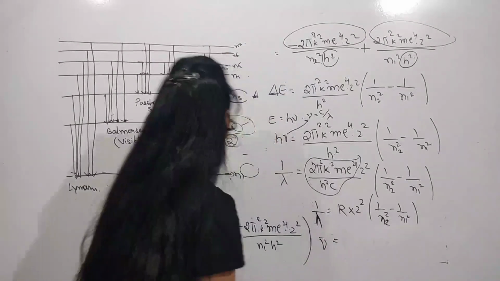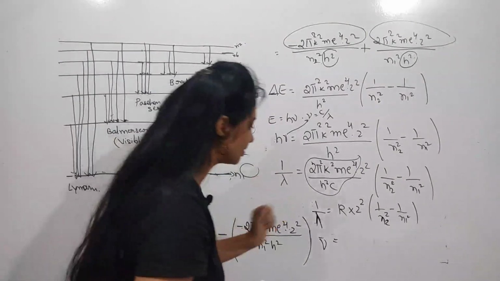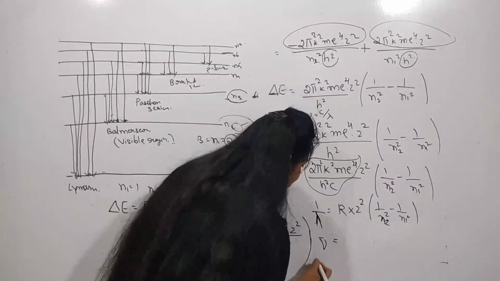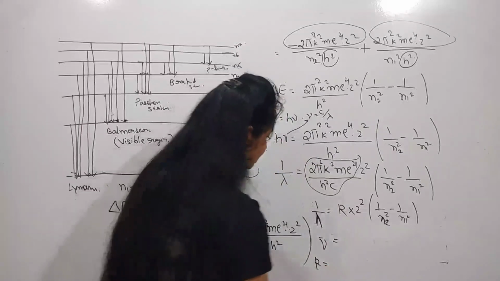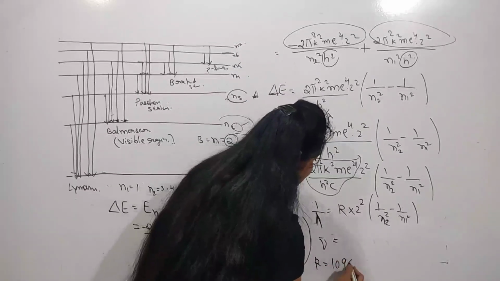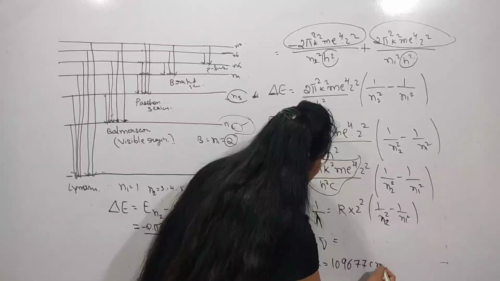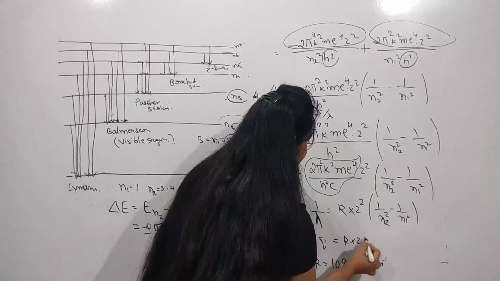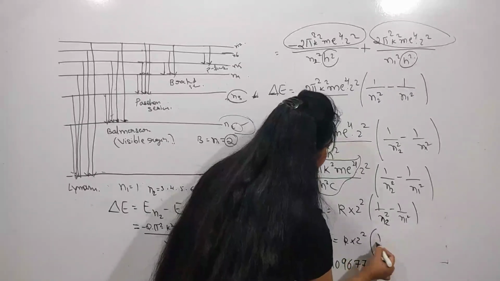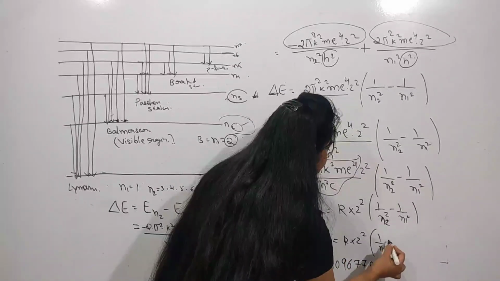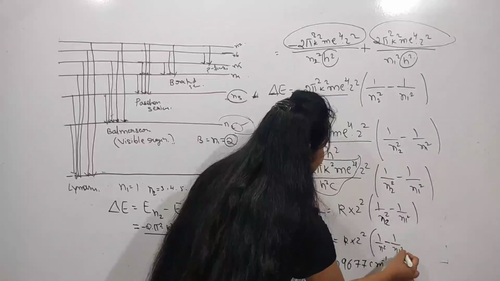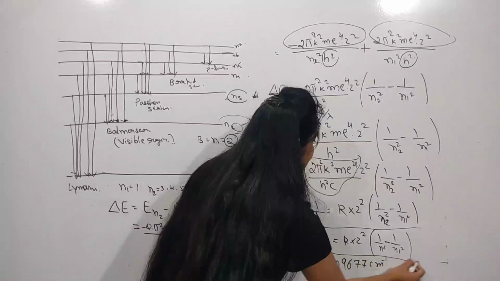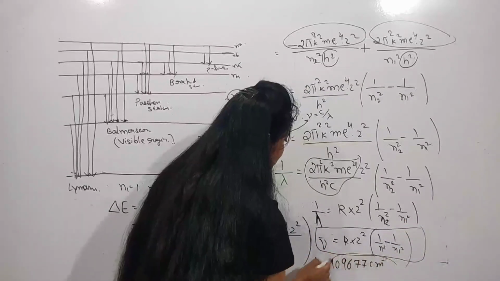Already I told you these lines are expressed in terms of wave number. Then R is the Rydberg constant. Then what is the value of R? Rydberg constant is 1,09,677 centimeter inverse. So R into z square into 1 by n2 square minus 1 by n1 square is our equation.